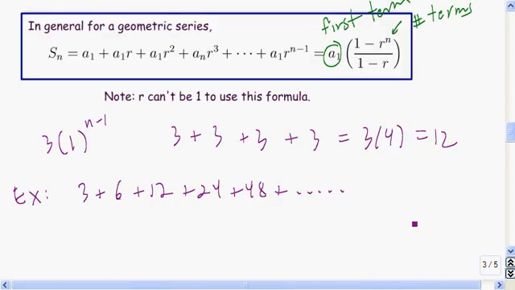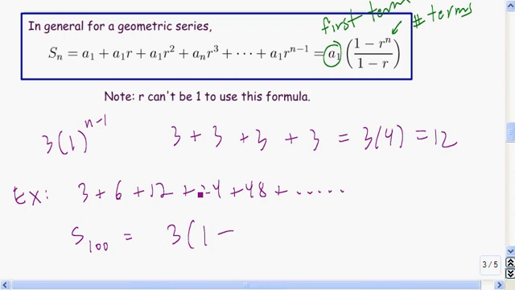All right, for this series here, why don't you find S sub 100? Okay, so it's going to equal the first term, which is 3, times 1 minus, you'll notice this, you should always check that it's a geometric series before you actually use the formula. So it's 3 times 2 is 6, 6 times 2 is 12, 12 times 2, 24, etc. So that is a geometric series.